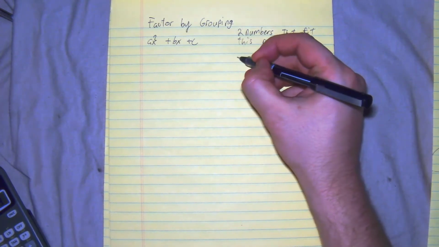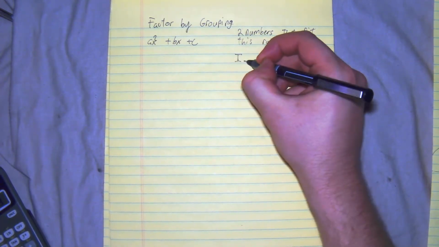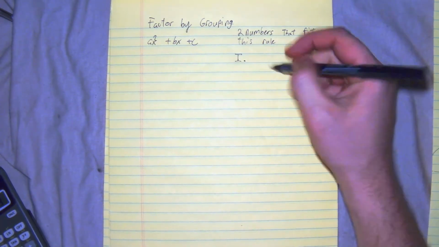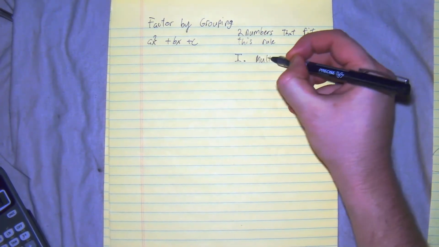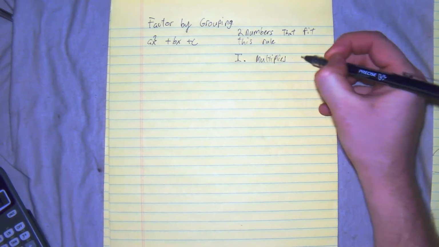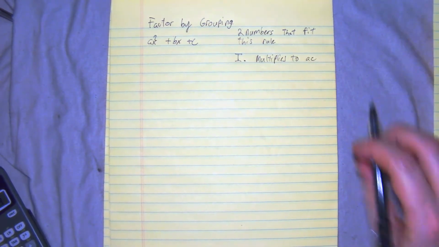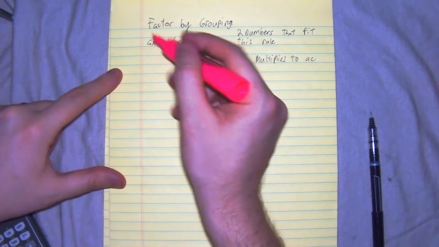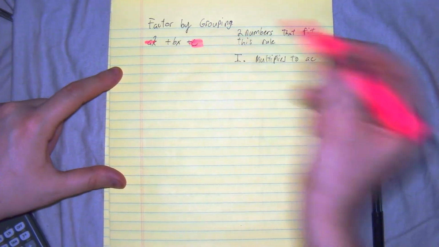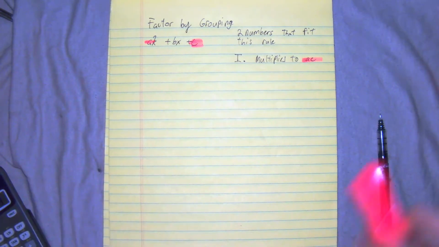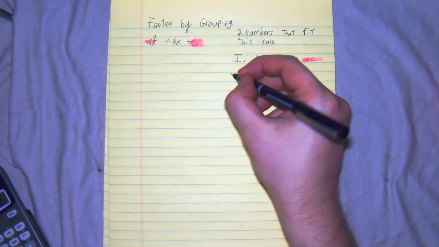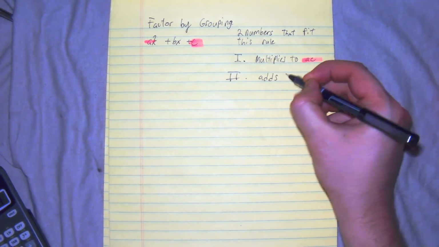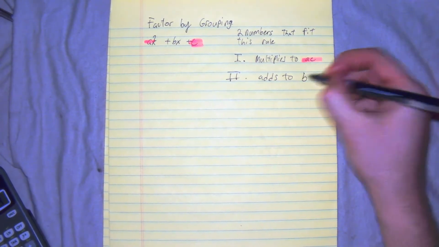Part 1 says two numbers that fit this rule multiply to AC. So what numbers multiply to AC? And part 2 of this rule is, and it adds to B.